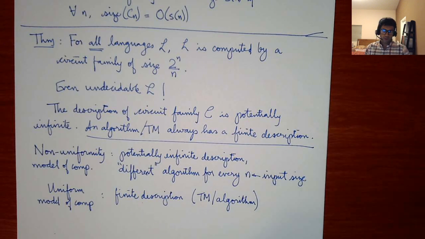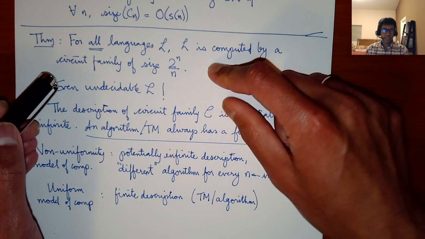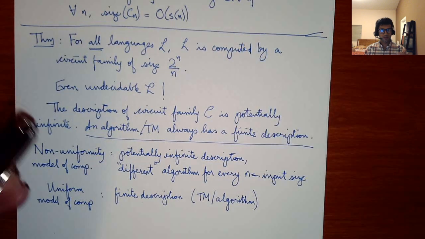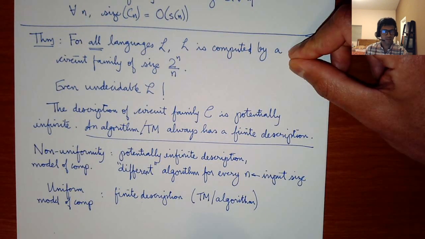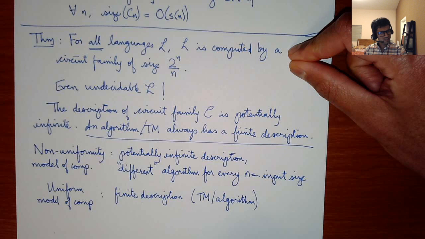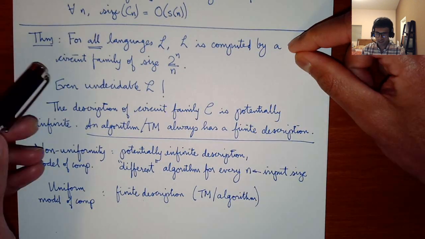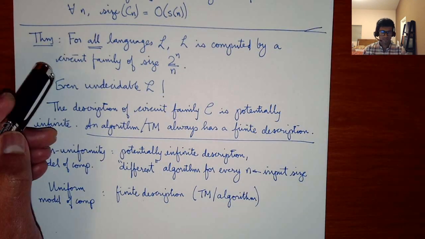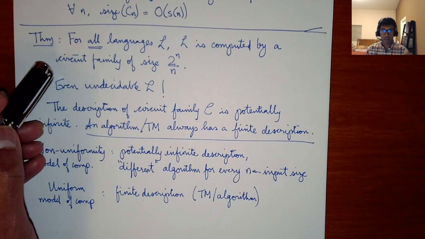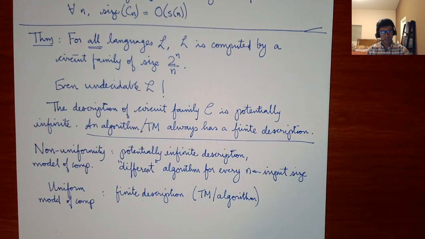So that's why obviously we don't have any such statement, but the fact that we have such statements about circuits now starts saying, actually, it's nicer to think about circuits in some ways, because we can actually say that all languages can be computed by a circuit family of an explicit size. We can actually even write down the size. Like, we can't say something like all languages are computable by Turing machines that run in a particular time.